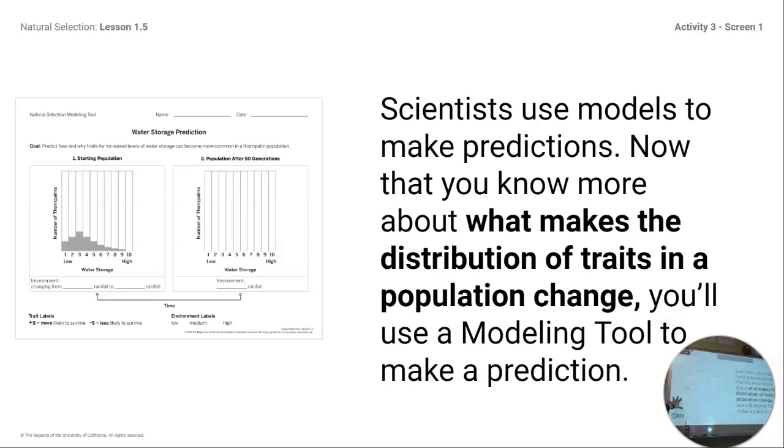But this is the information you need. At the bottom, it says that the environment is changing from high levels of rainfall to low levels of rainfall. By population 2 should say low rainfall.